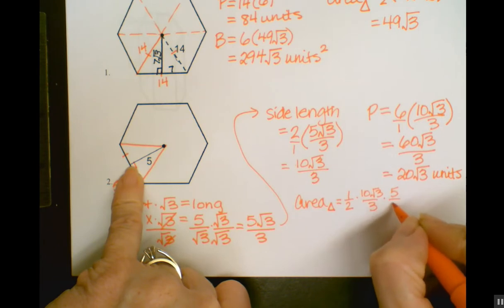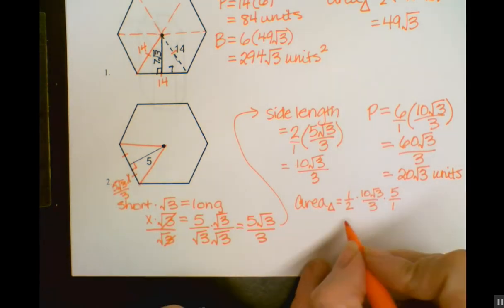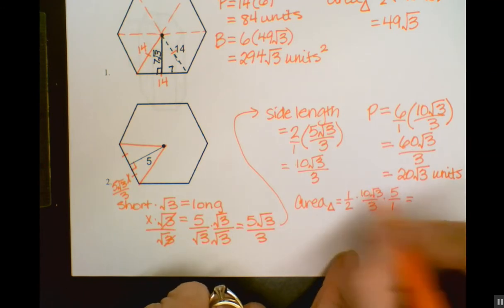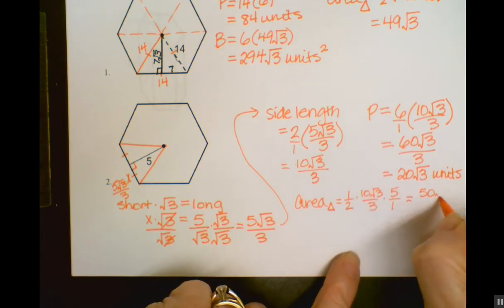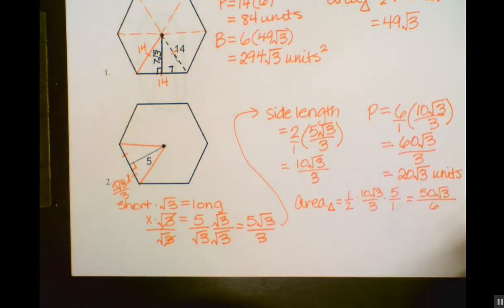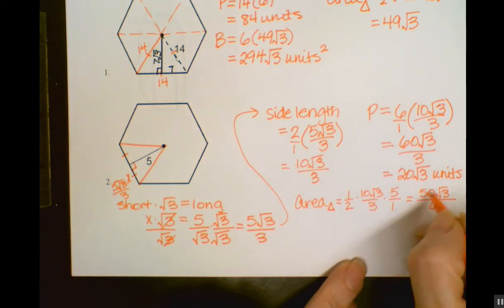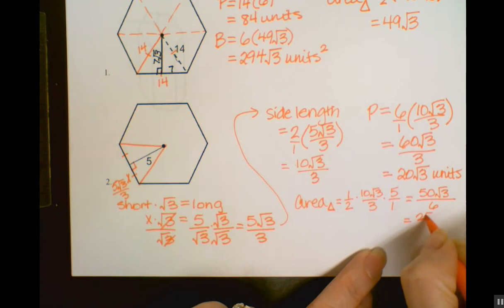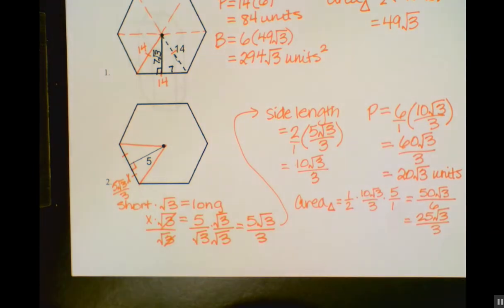Think of that 5 as 5 over 1 if necessary. So in the numerator, we're going to multiply together what we have. 5 times 10 times 1 is 50 square root 3. In the denominator, 2 times 3 times 1 is 6. Reduce 50 over 6, and the area becomes 25 square root 3 over 3. And that's the area of one triangle.